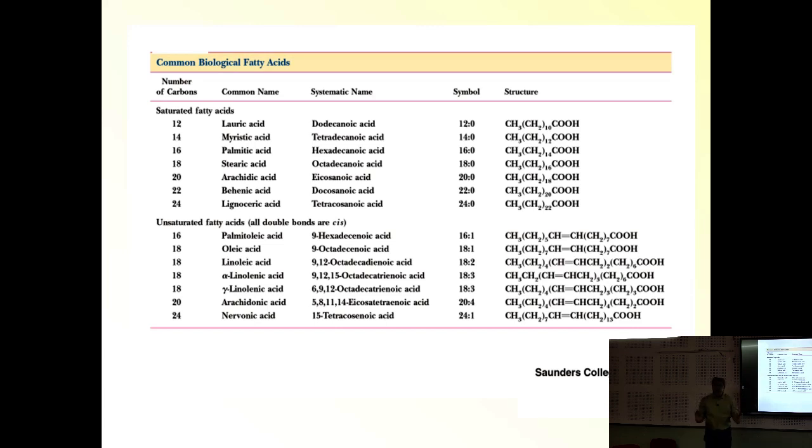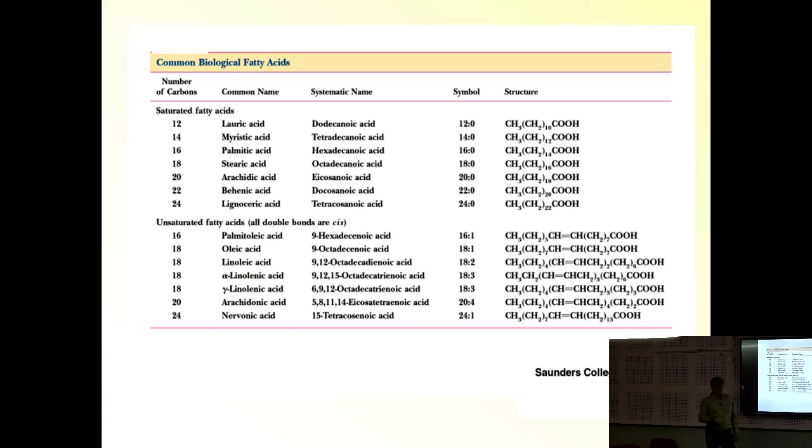Now for the terminology, dodeca: deca means 10, dodeca means 12. Okay. Tetradecanoic: tetra means 4, deca means 10, so 10 plus 4, 14. Similarly, octa means 8, deca means 10, octadecanoic acid, 18:0.